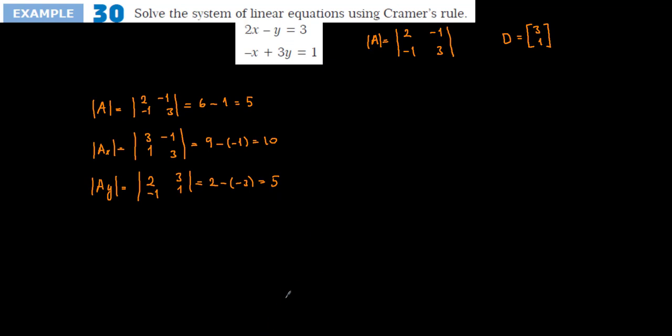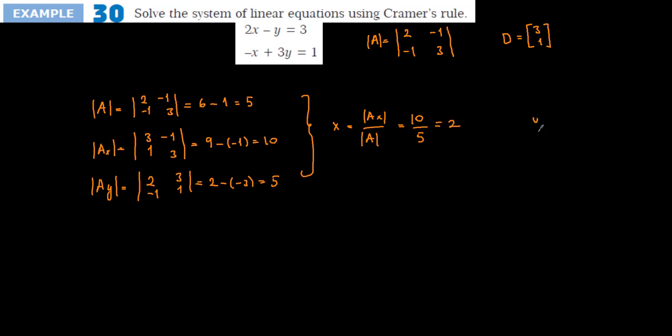So to determine the value of x after these operations, x is equal to AX over determinant of A, which is 10 over 5. That is equal to 2.